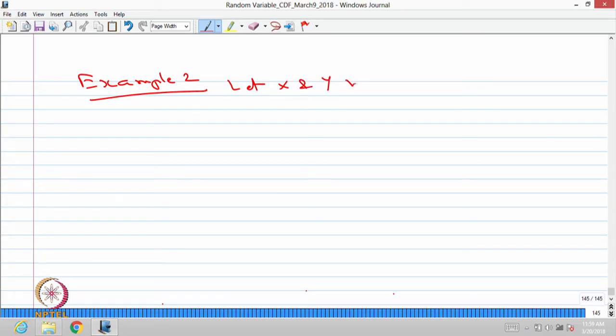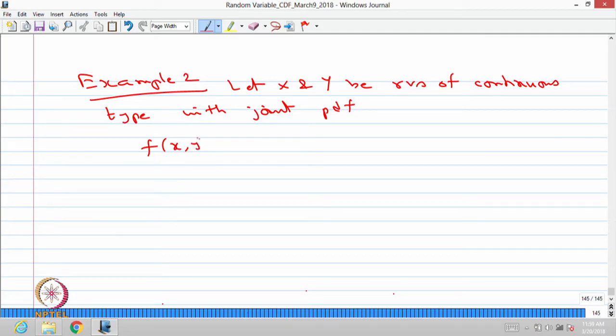Let x and y be random variables of a continuous type with the joint probability density function f of x comma y, which takes the value 6 when x lies between 0 to 1 and y lies between 0 to 1, as well as 3y is less than or equal to x.